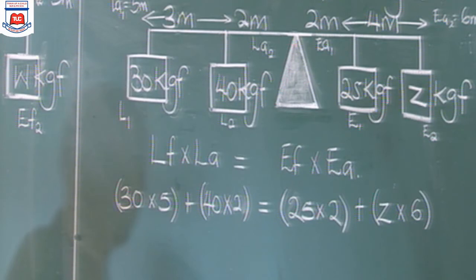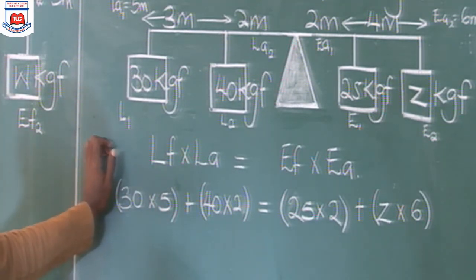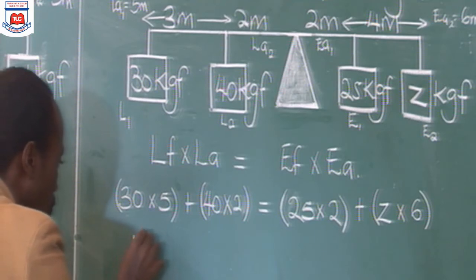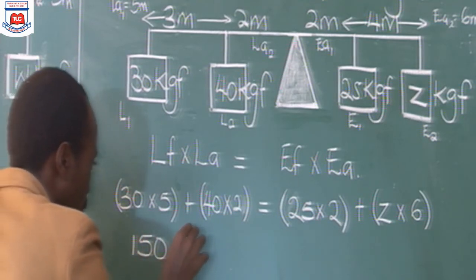Very simple. All right. 30 times 5, if you can't do it from your head, mental work, please, I advise you use side work, okay? So we shall have 30 times 5, giving us 150, okay?